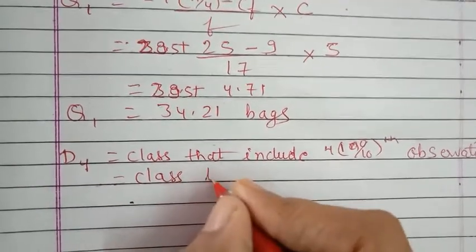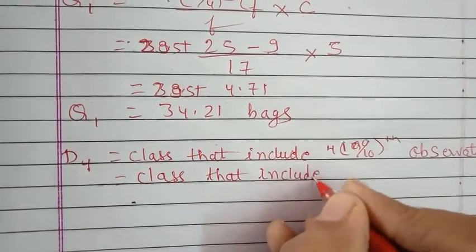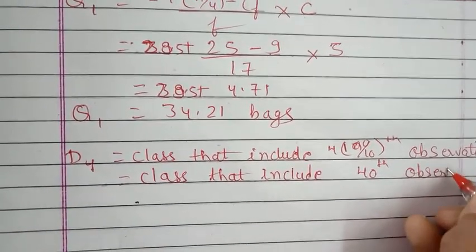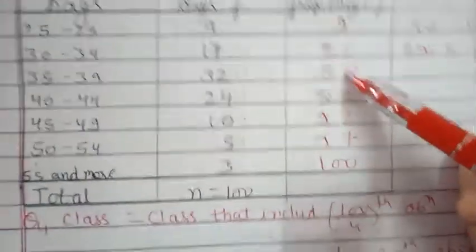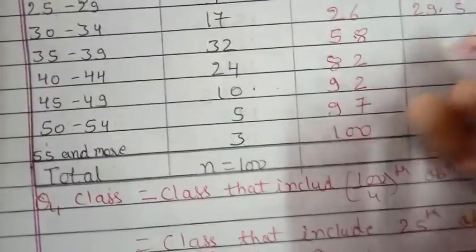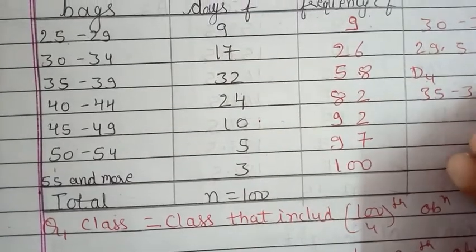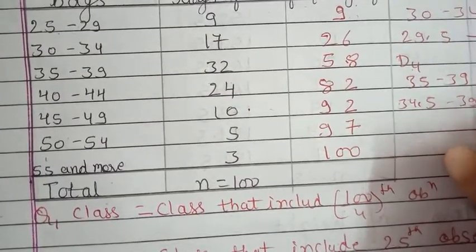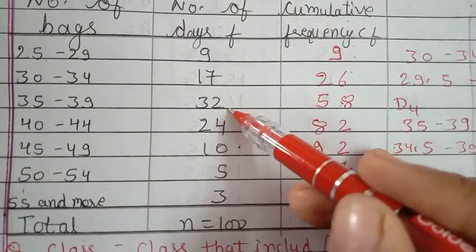So that means class that includes the 40th observation. Now in the CF column we will see the 40th observation comes in the third line. In the same way, 35 to 39 is our class for D4, so it will be 34.5 to 39.5, and CF will be 26, frequency will be 32.